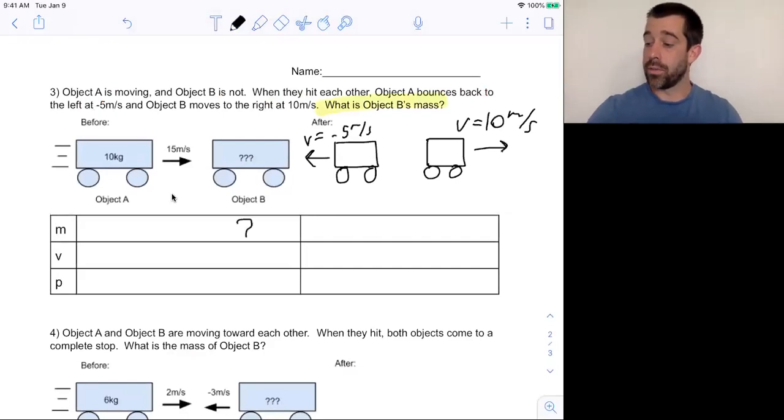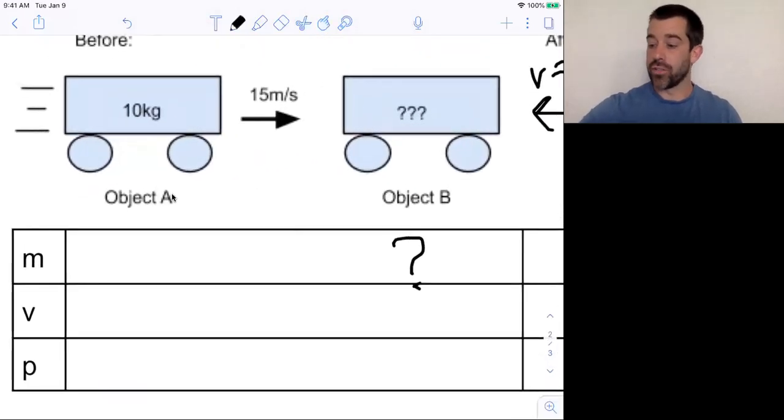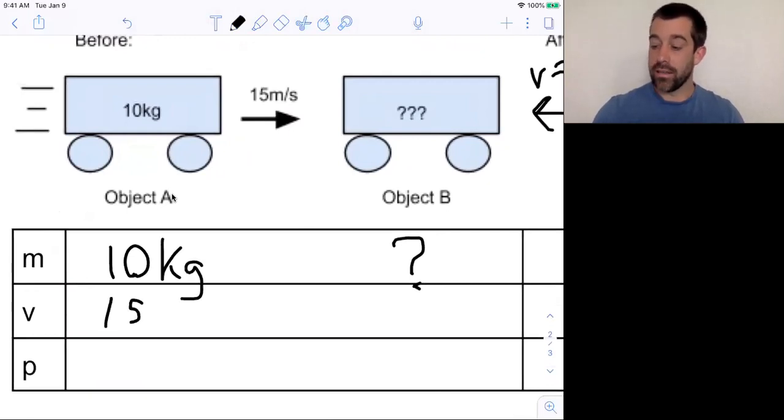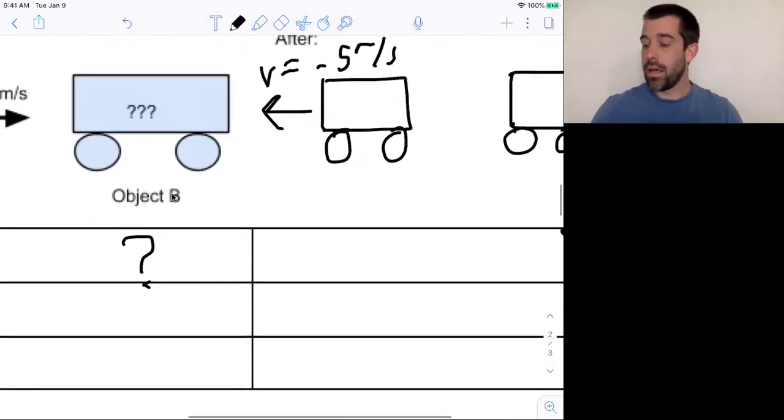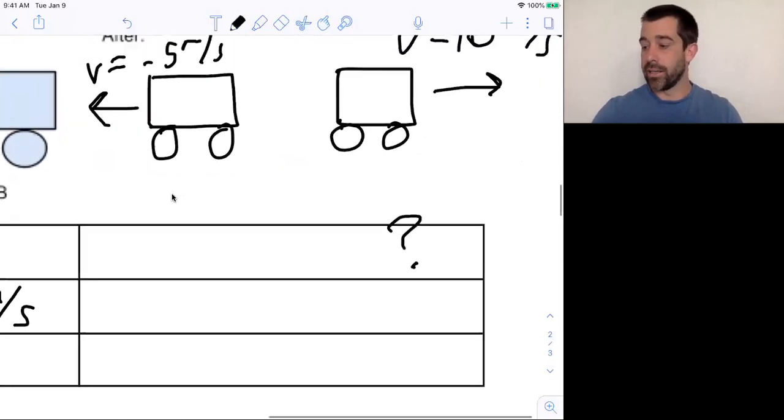I'm just going to go ahead and plug in a question mark under object B on both sides because that's what we're going to be trying to solve for. Then I'm going to plug in all of my given information. So I know that object A has a mass of 10 kilograms. I know that it has a velocity of 15 meters per second. I know that object B has a velocity of 0 meters per second at the beginning.